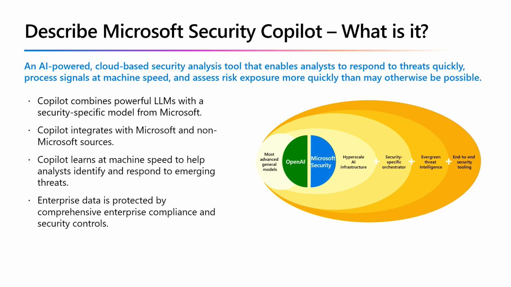Microsoft Security Copilot combines powerful large language models, LLMs, with a security-specific model from Microsoft. It integrates with both Microsoft and non-Microsoft sources, learning at machine speeds to help us identify and respond to emerging threats. Plus, our enterprise data is protected by comprehensive compliance and security controls.